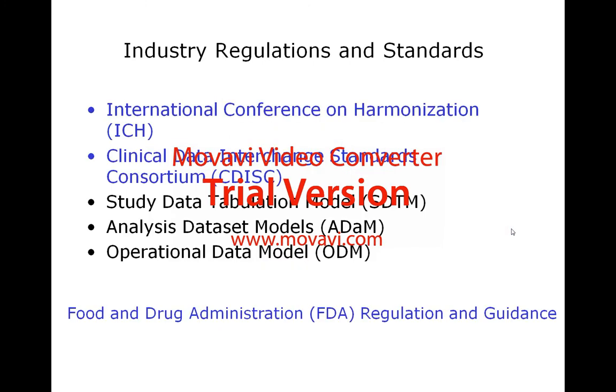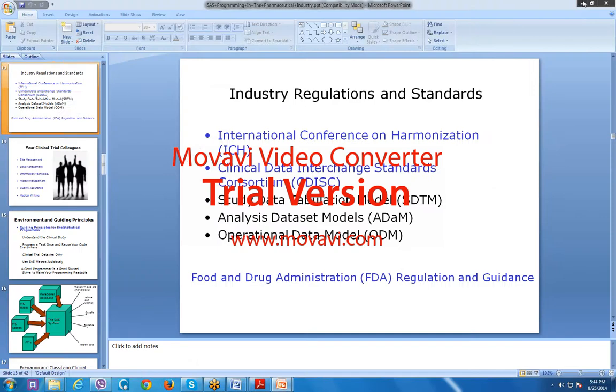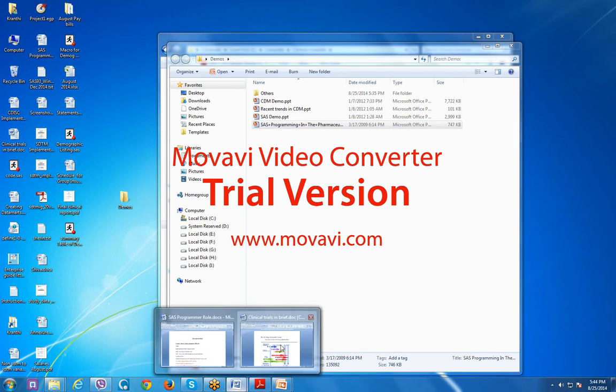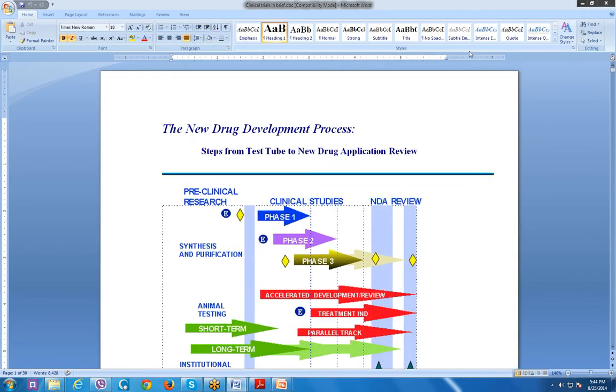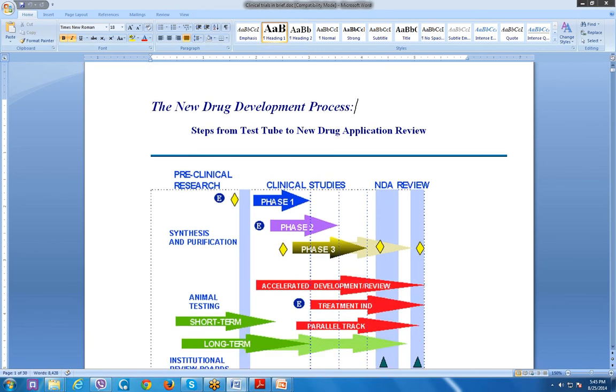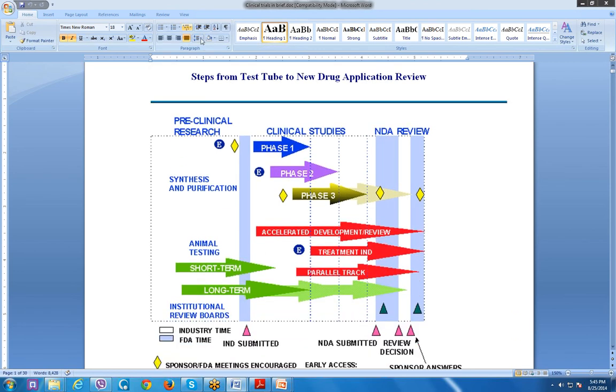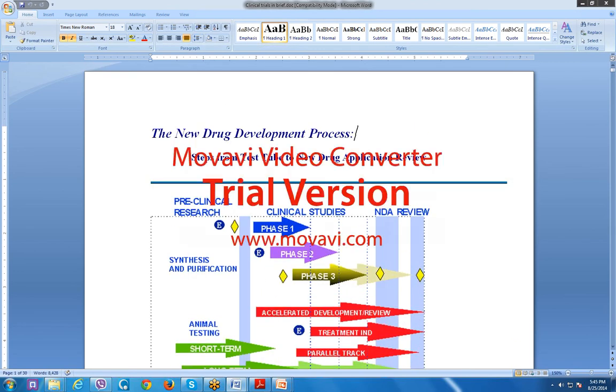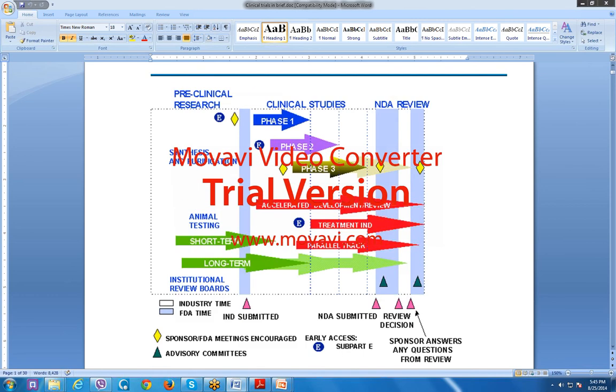Now here I am sending you this file, which contains very clearly what an NDA is, what an IND is, and the steps from test tube to new drug application. See, in phase 1, phase 2, phase 3.